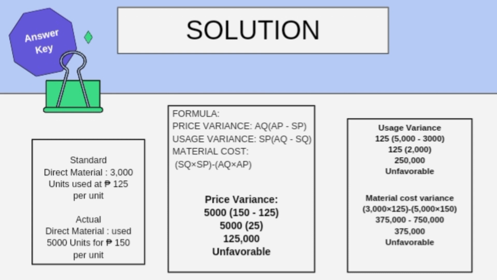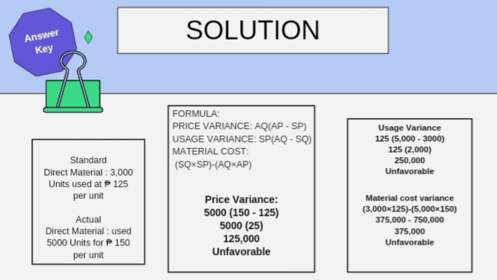So 5,000 minus 3,000 is equal to 2,000 and then multiply it to the standard price, which is 125, and the answer would be 250,000. And it is considered as unfavorable because according to the data, the actual quantity of the materials that needs to be used is much higher than the planned ones, which is the standard cost.